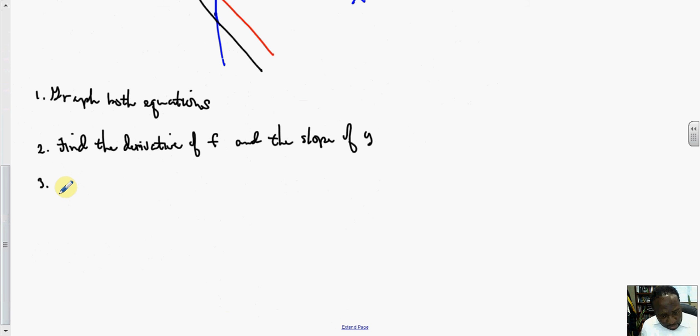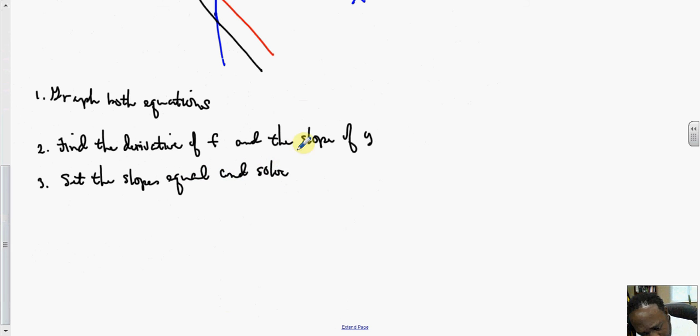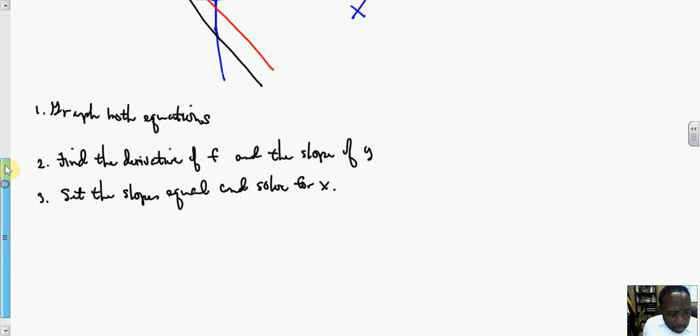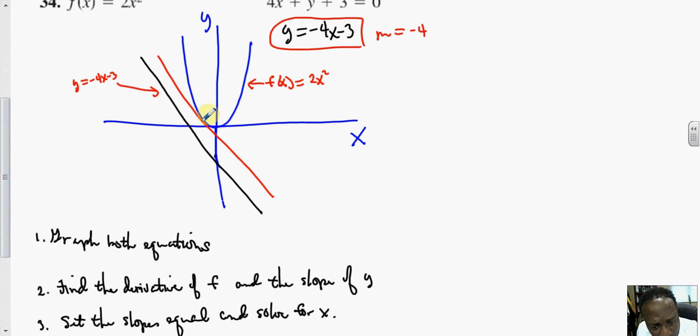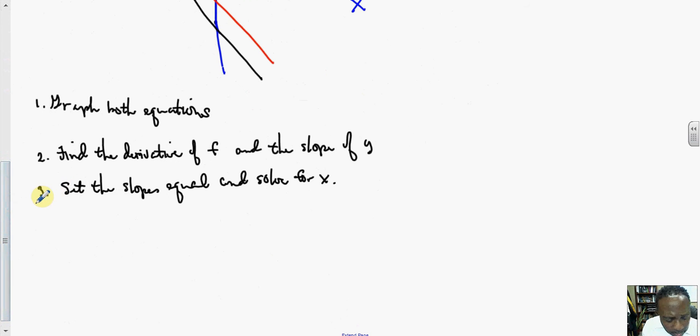Remember, the derivative is the slope of the tangent. So set the slopes equal and solve for x. That x value will tell you what this point is here on the graph.